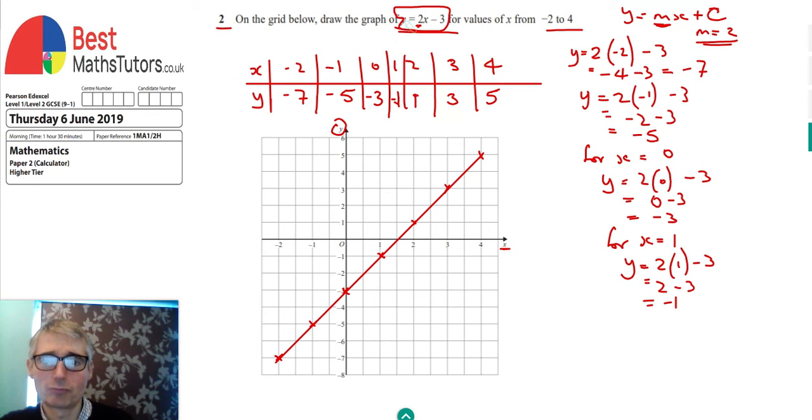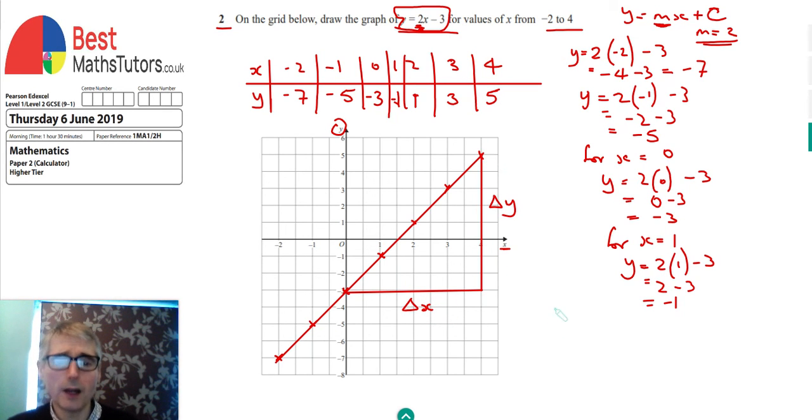We've finished the question now, by the way, but if we were to measure the gradient on this, then we would find that the gradient was 2. And to do that, we could draw a triangle like this, and the gradient is given by the y difference, which I would call delta y, divided by delta x, which is the x difference. So this is an extra bit I'm doing to explain where the 2 comes from in y equals mx plus c.